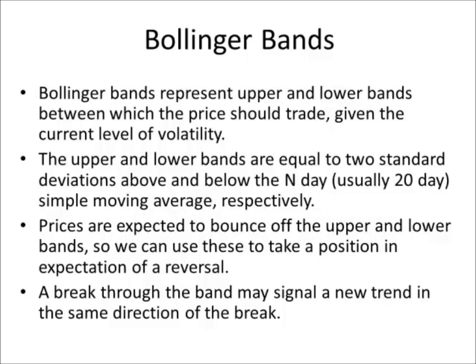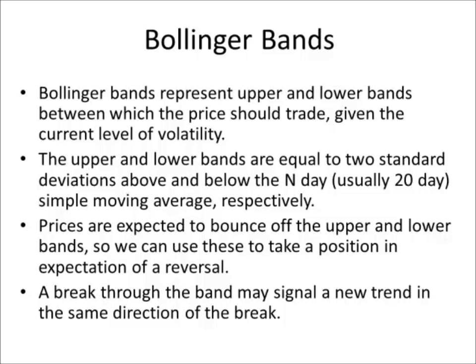The next thing we need is the deviation, which is the number of standard deviations we want the band to be away from the moving average. The default is 2, so we will stick with that. So we're going to stick with a 20-day moving average and 2 standard deviations away. So let me draw this now.